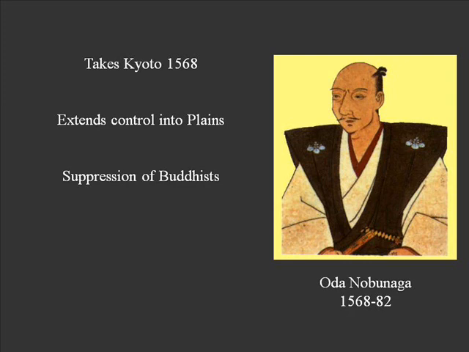He appears to reign supreme over a whole lot of them, not all of Japan, but a whole lot of it, beginning in 1568 when he conquers Kyoto, one of the ancient Japanese cities that was often associated with the imperial capital from previous governments. So that's a symbolic event.